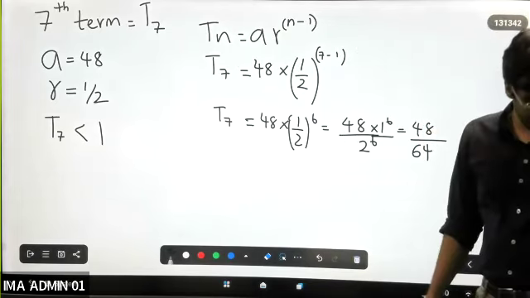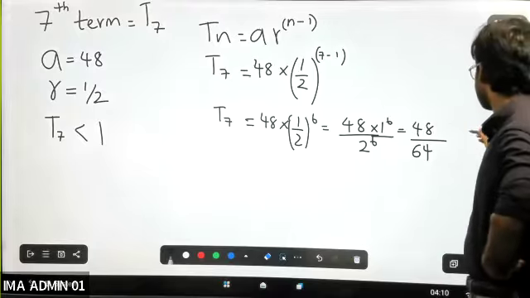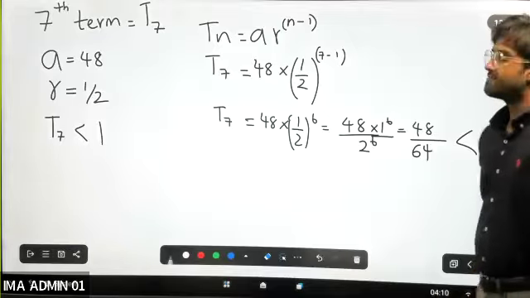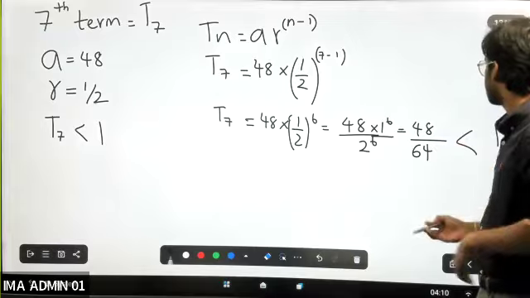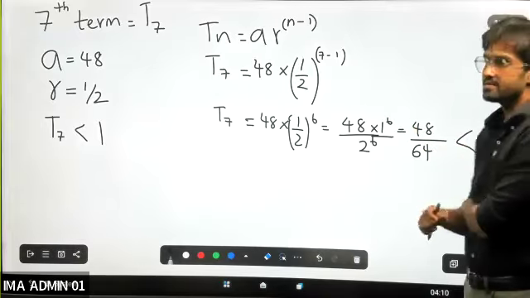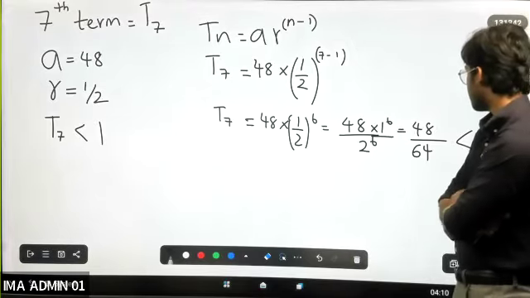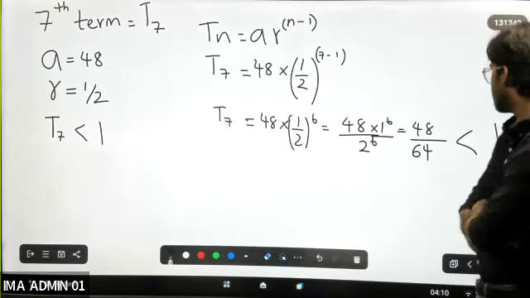I think even from this we could come to our answer. Doesn't need to be further simplified. This is definitely lesser than 1. Why? The top part of this fraction is smaller than the bottom, right? Which means technically it's going to be a 0 point value, which is less than 1.